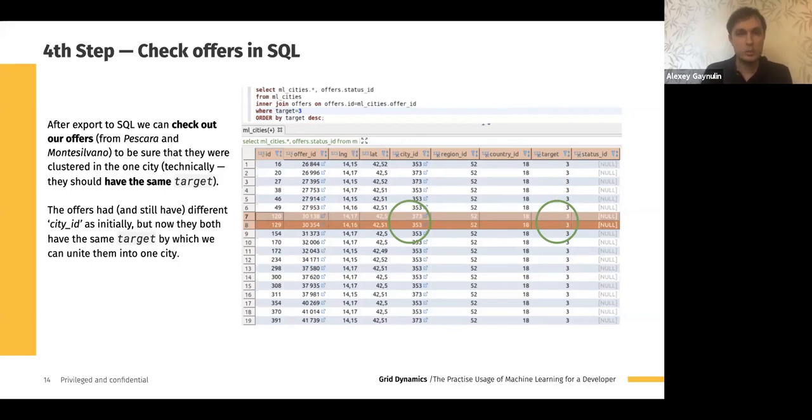And by these 2 lines of machine learning code, we do a very difficult task: the clusterization of offers into cities. It is up to you and your business task, your environment and programming language, what you should do with this result.